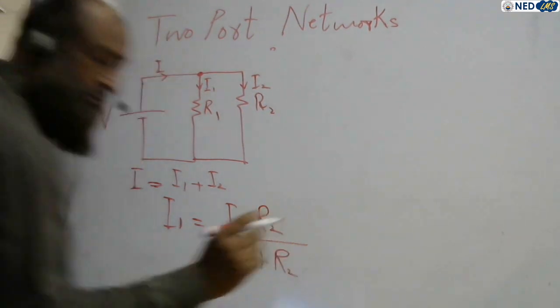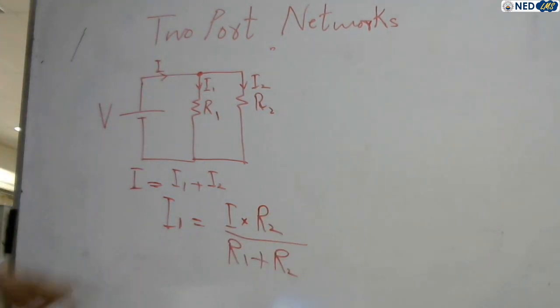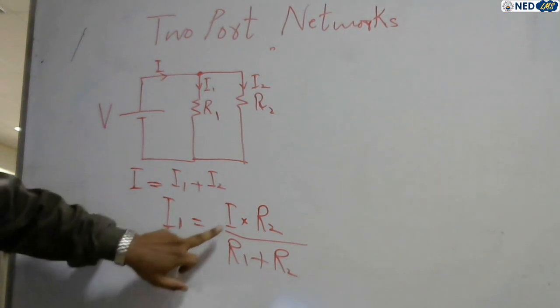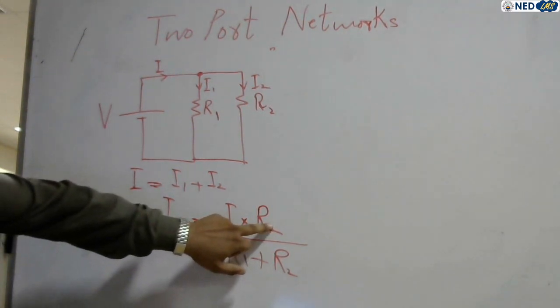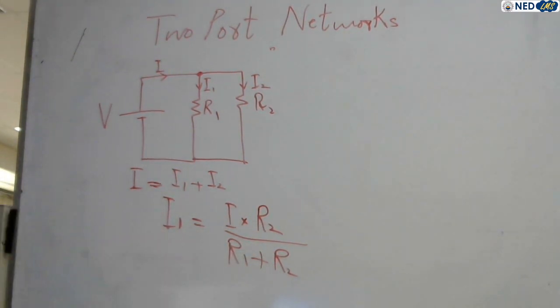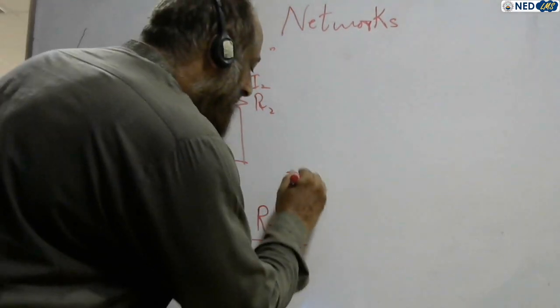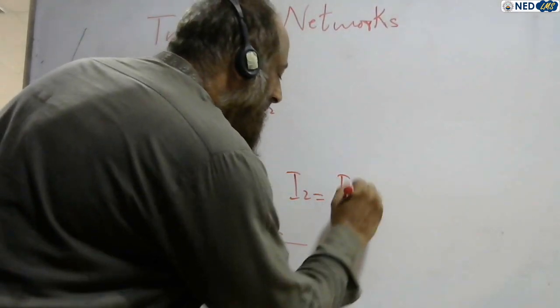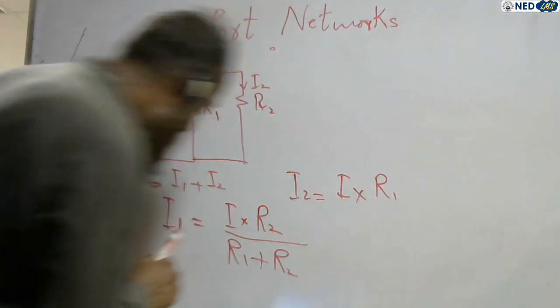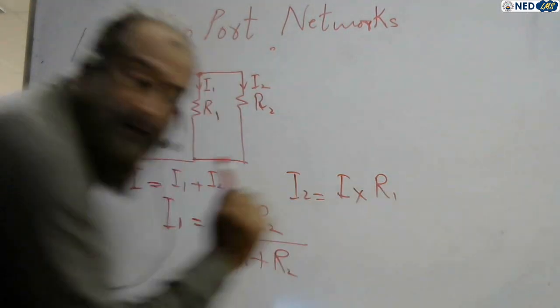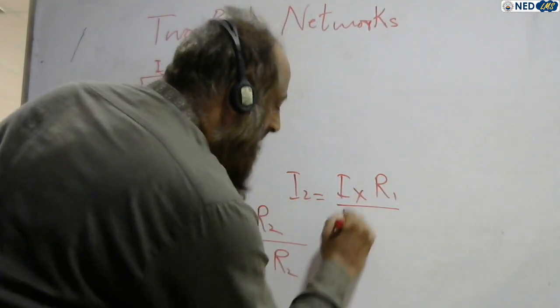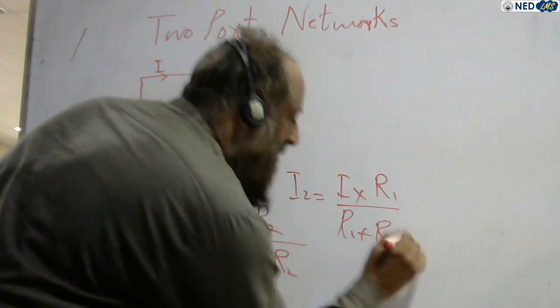This is current division. The I1 current equals the total current multiplied by the other resistance divided by the sum of these two. Similarly, I2 equals the total current multiplied by R1 over R1 plus R2.